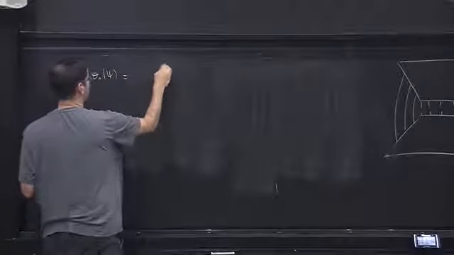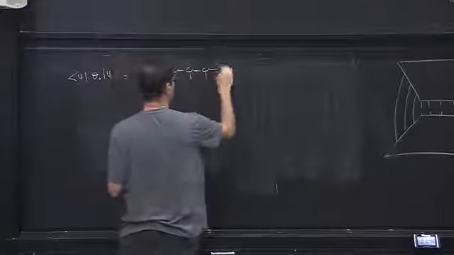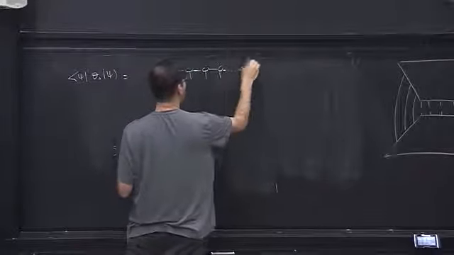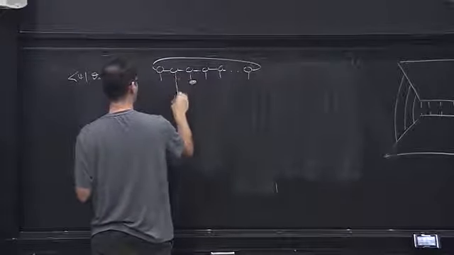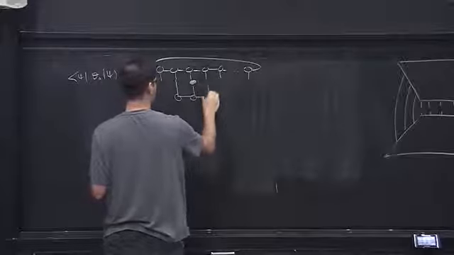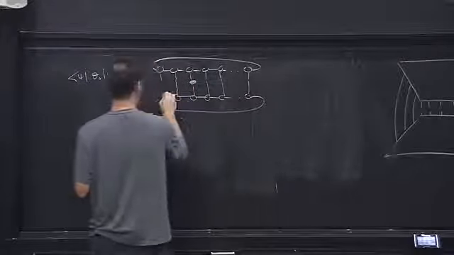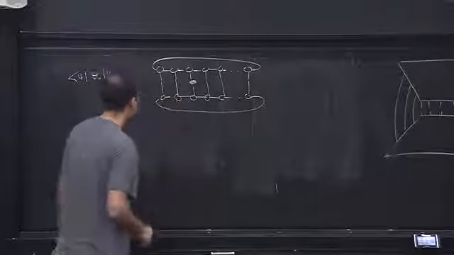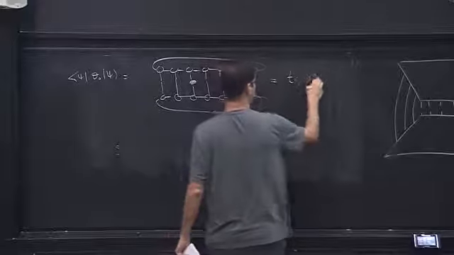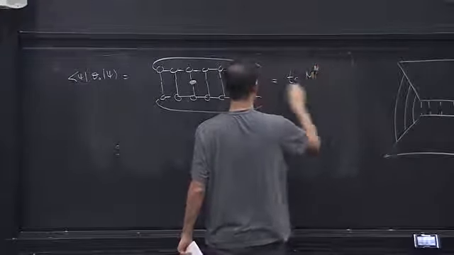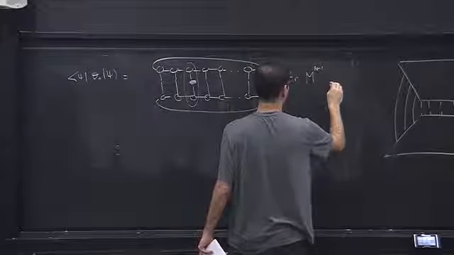Okay, that's going to look like this big mess. And then we have some site 0 here. We'll make this insertion. But what we see is that this is equal to the trace of the transfer matrix to the n minus 1 power times some new matrix in here, okay? Times some matrix P.